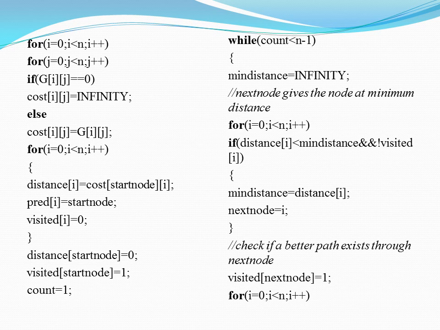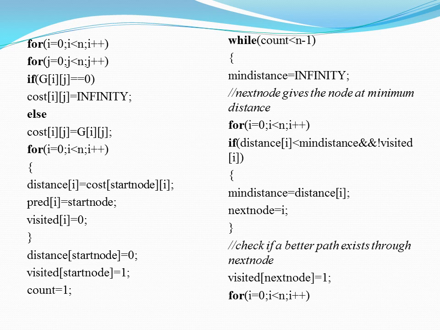After that, using a for loop, distance of i equal to cost of start node i. We are initializing the cost value from the start vertex. Then we are setting the predecessor as the start node. We are setting visited as 0.